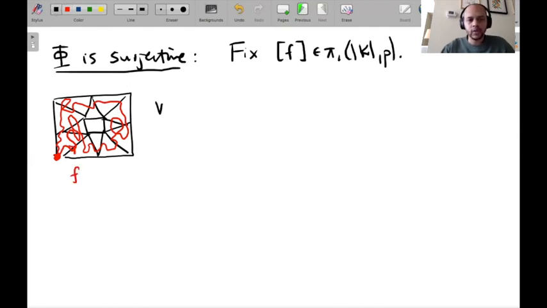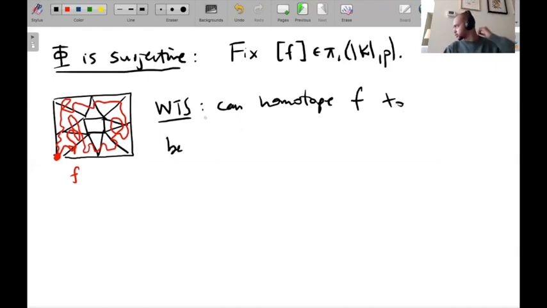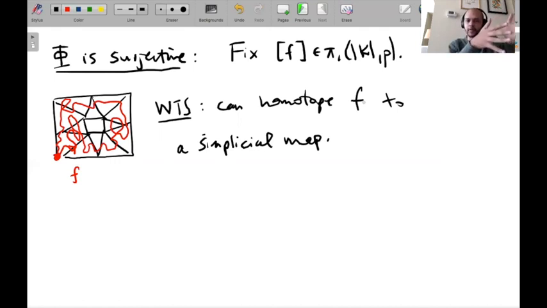And what we'd like to do is show we can homotope F to a simplicial map. In particular, if we homotope F to a simplicial map, it's a simplicial map from the interval with some decomposition into edges into this simplicial complex.